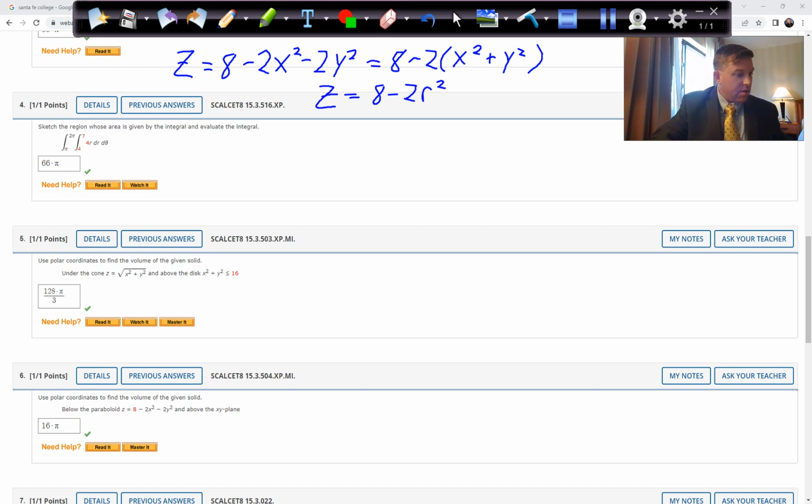So x squared plus y squared we can write as r squared, so now z is in polar coordinates. Okay, then we are going to look at, if it says above the xy plane, so notice that at the xy plane, z is 0. So we're actually going to plug that in and solve for r. So we're going to say let z be 0 from this polar equation, and then let's solve for r.